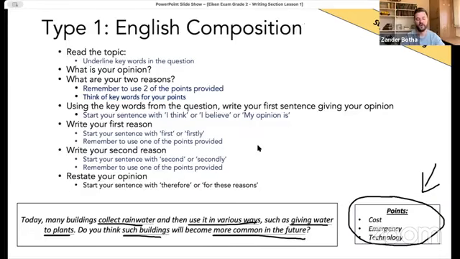Okay, therefore or for these reasons. Okay, remember here you can also use the keywords that we underlined in our passage to restate our opinion. You have 20 seconds to finish part 4 and restate your opinion.